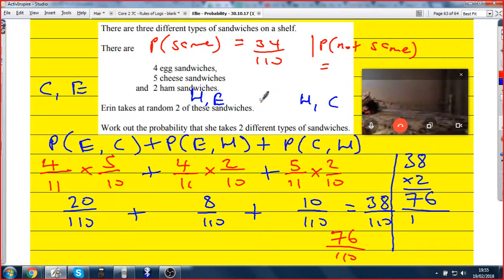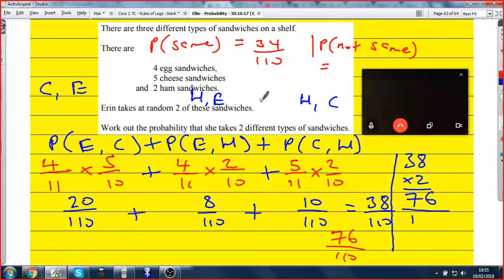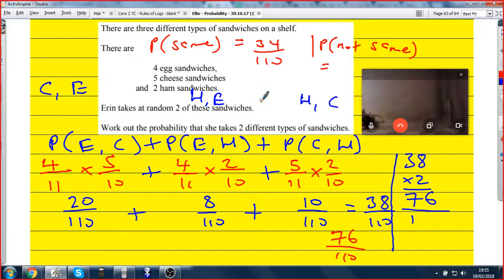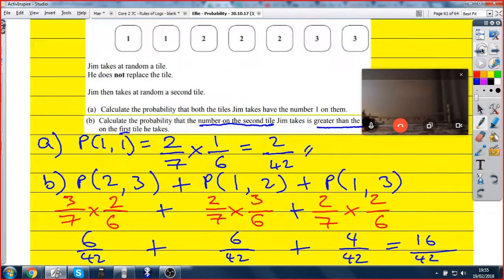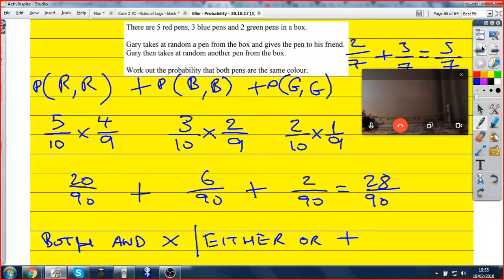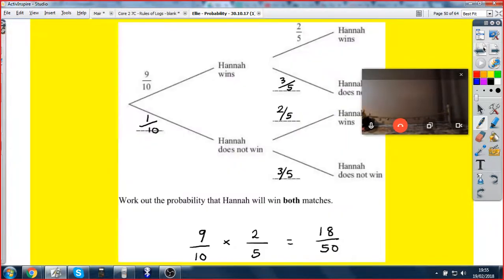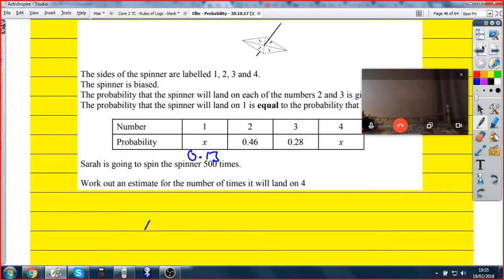Any questions with that one? No. Okay, and so that was the last exam question for these probability trees, and I'll look them up, but they're considered the hardest thing in foundation.